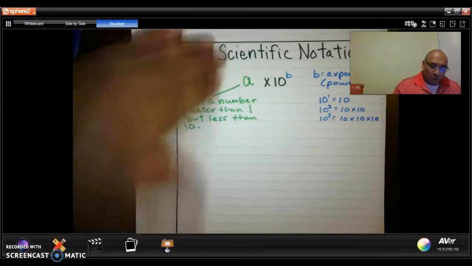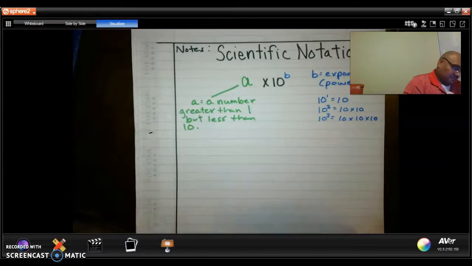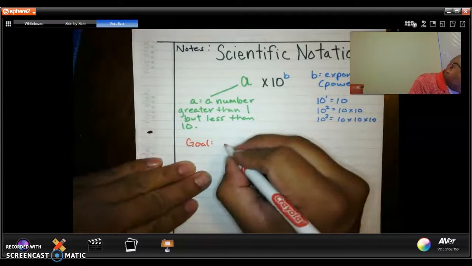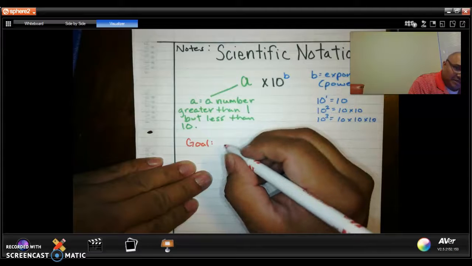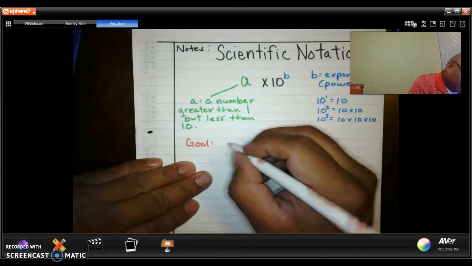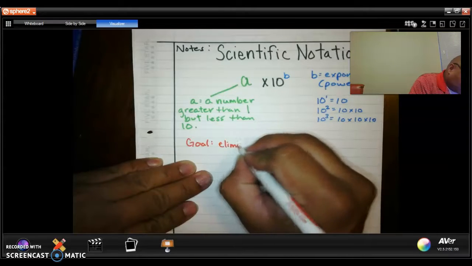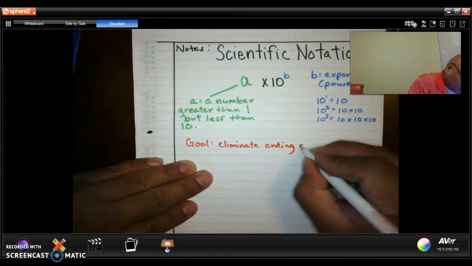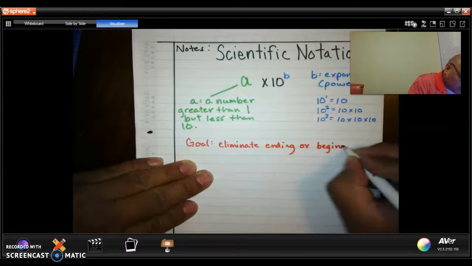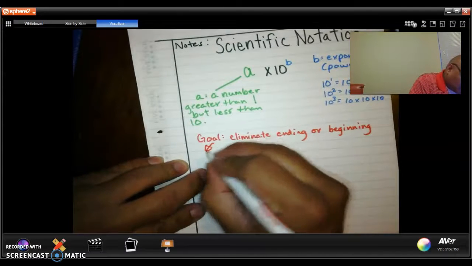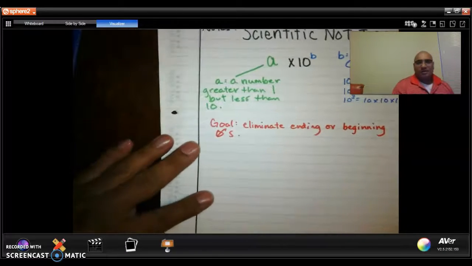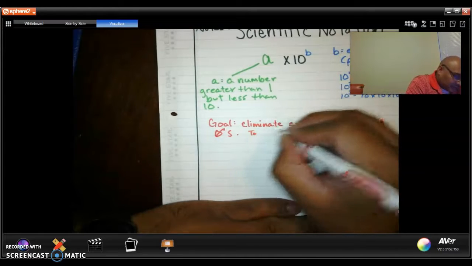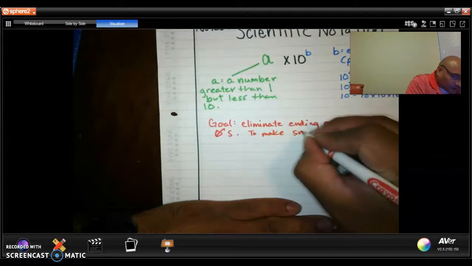Now, the goal with scientific notation is to eliminate ending or beginning zeros, to make it smaller.